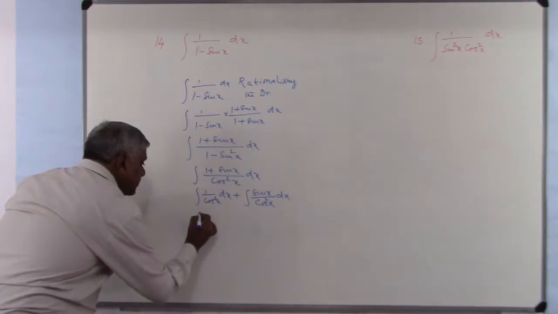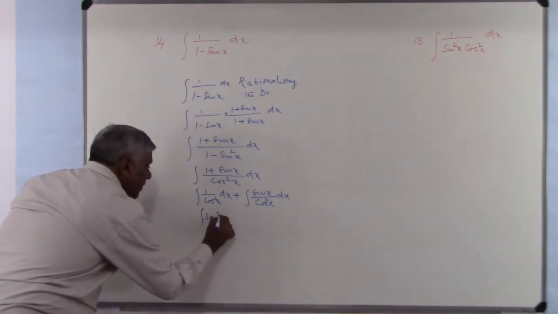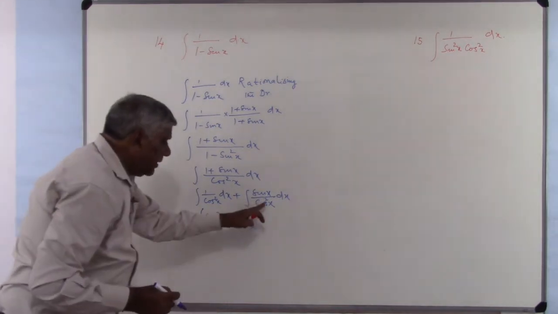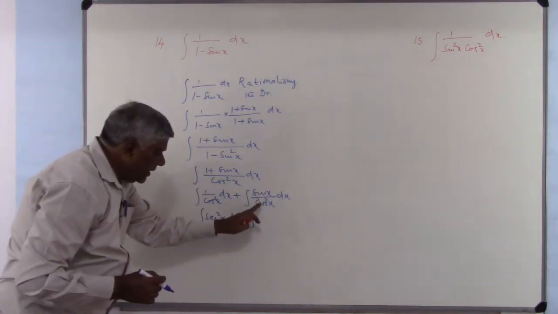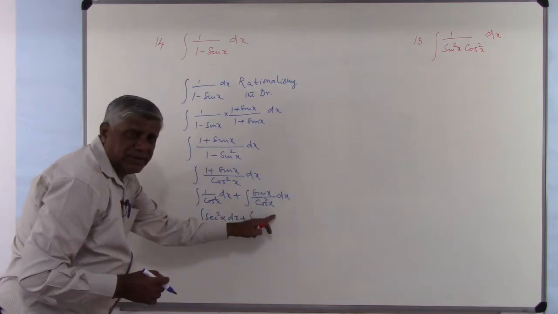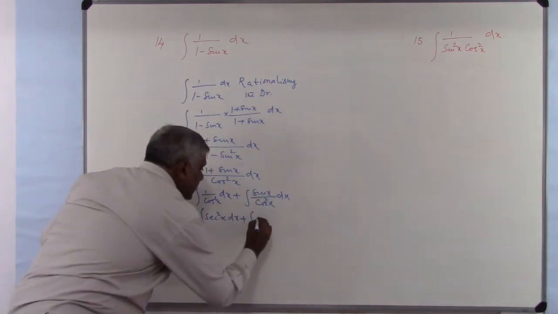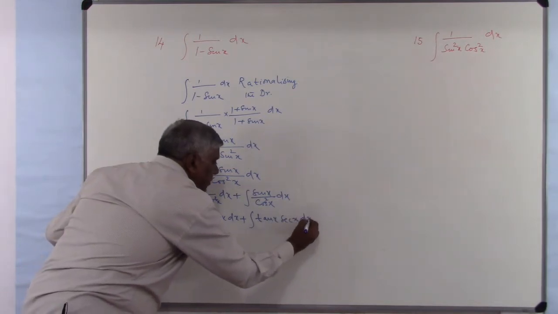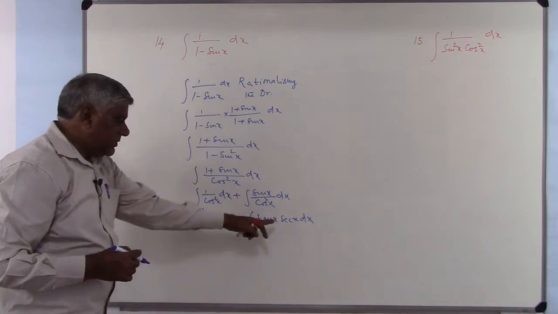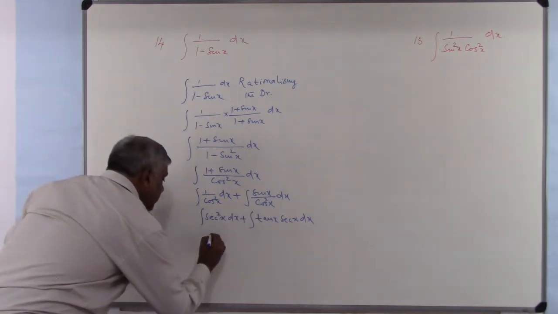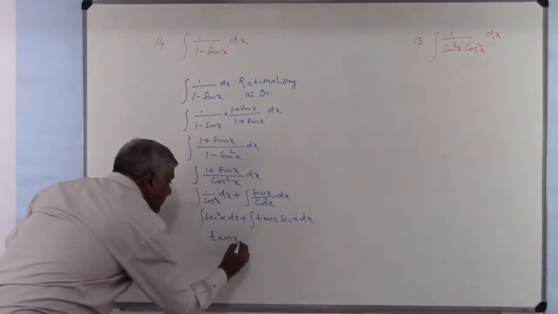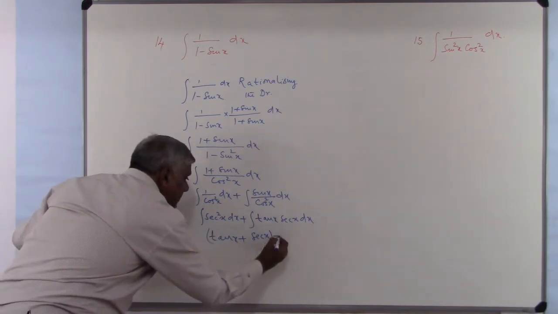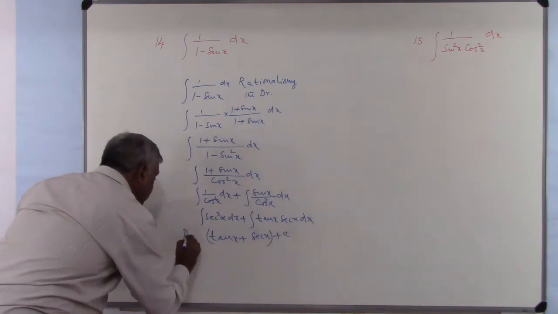Now it is secant square x dx plus integral. I am going to split like this: sin x by cos x into 1 over cos x. Sin x by cos x is tan x, 1 by cos x is secant x dx. Now this is nothing but tan x plus secant x plus c. This is the answer.